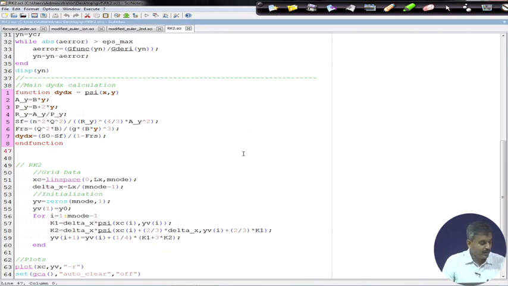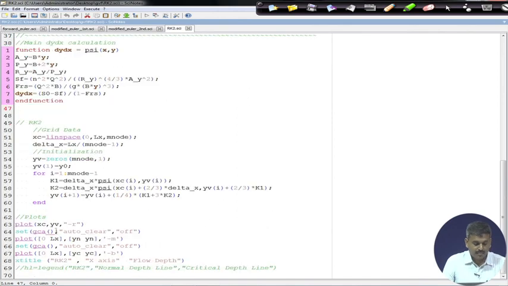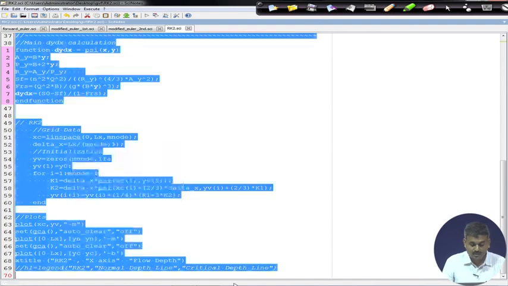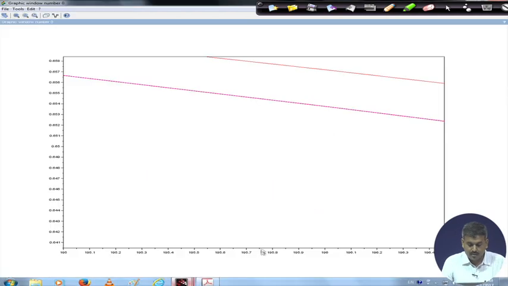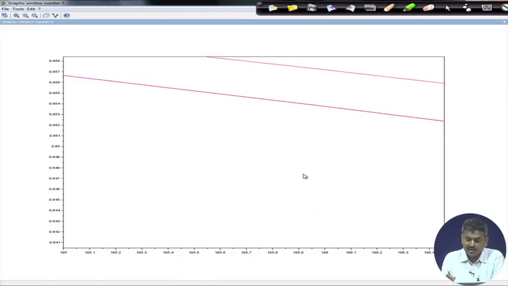So, if we run this problem again with another color, maybe magenta for this one, again it is coinciding with our previous solution.